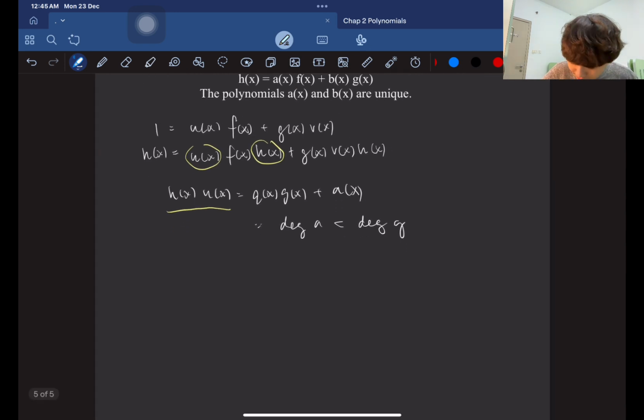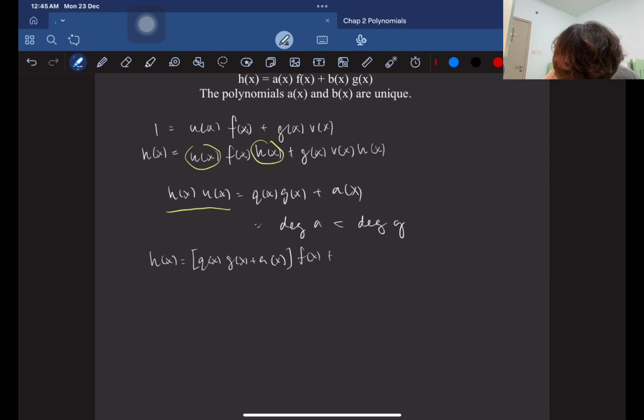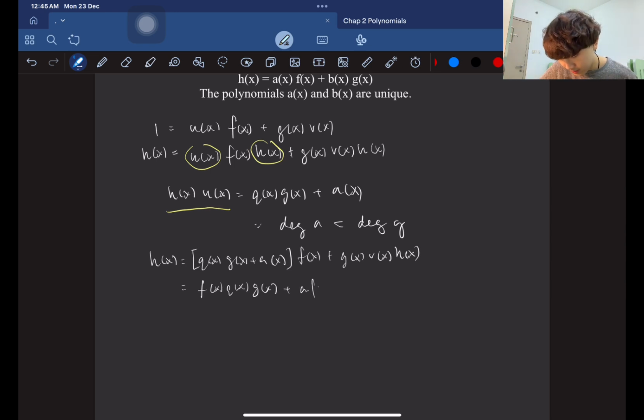So now let's try. h(x) will equal q(x)g(x) plus a(x)f(x) plus g(x)v(x)h(x). Then let's simplify it. We need the terms of f(x) and g(x), so let's simplify out f(x) and g(x).